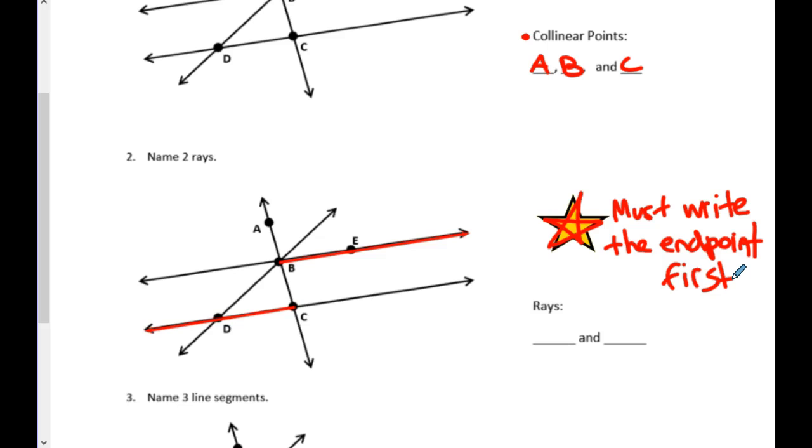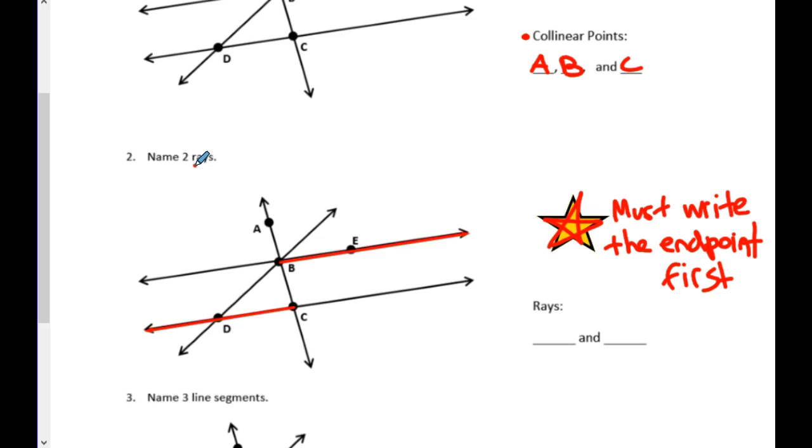And then on top of it, what am I going to write? A ray. I wouldn't call it a line unless it has 2 arrowheads. But we remember, rays have how many arrowheads? 1 arrowhead and 1 endpoint, right?